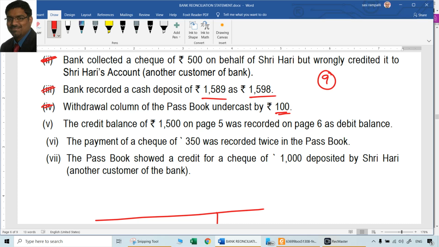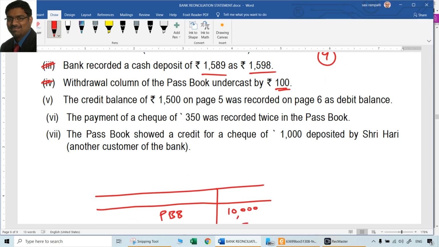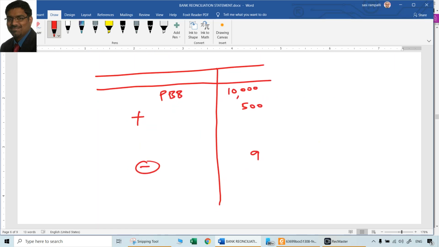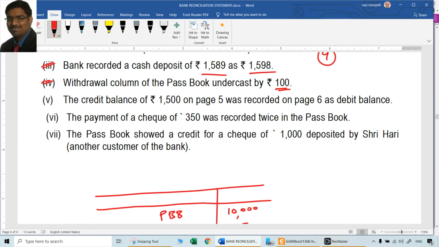Means actual withdrawals are actually 100 rupees more, which is not recorded like that. So when withdrawals are undercasted, obviously balance as per passbook will be more by 100 rupees. So what we should do, because it is already more by 100 rupees, we have to deduct 100.